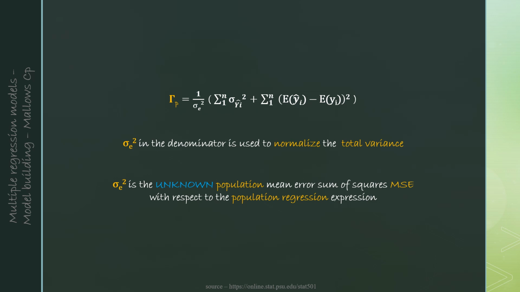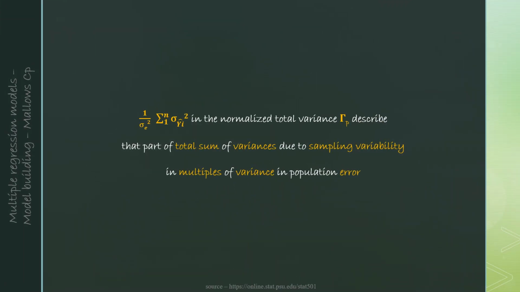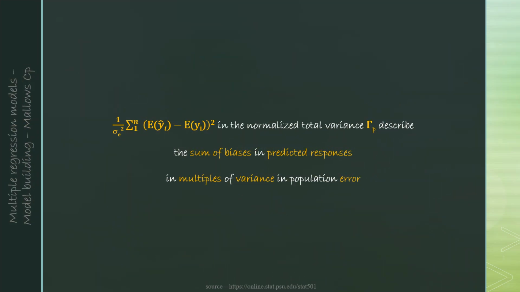Sigma e square is the unknown population mean error sum of squares MSE with respect to the population regression expression. 1 divided by sigma e square multiplied by sigma 1 to n sigma yi hat square in the normalized total variance gamma p describes that part of the total sum of variances due to sampling variability in multiples of variance in the population error. 1 divided by sigma e square multiplied by sigma 1 to n estimated yi hat minus estimated yi the whole square in the normalized total variance gamma p describes the sum of the biases in the predicted responses in multiples of variance in the population error.